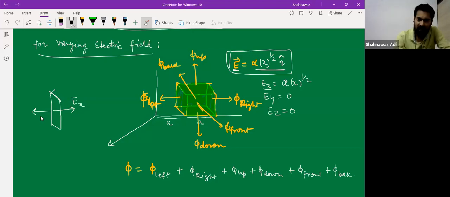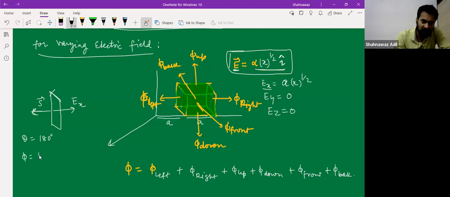Ex, and this area is in the direction of this, right? So the angle between E and S is what? 180 degree, right? Am I correct? Yes.